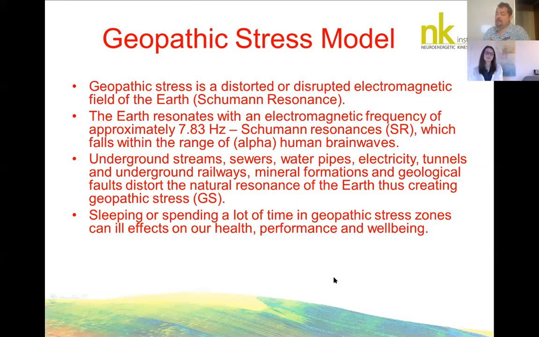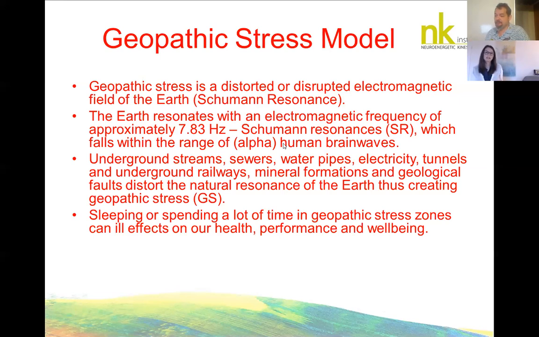And so the fundamental one is 7.83 Hertz. Die grundlegende Frequenz ist eben 7,83 Hertz. Which falls in the range of alpha human brainwaves. So geopathic stress, if there's an interruption into these frequencies, potentially it could cause stress in our specific brainwaves.